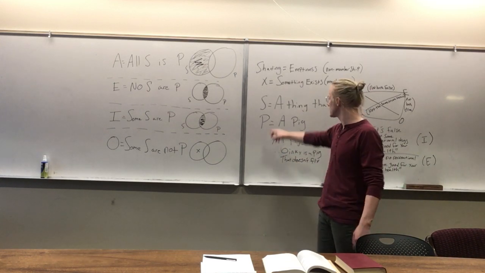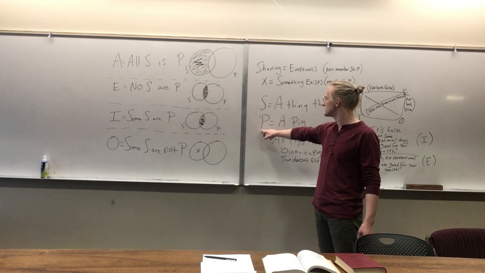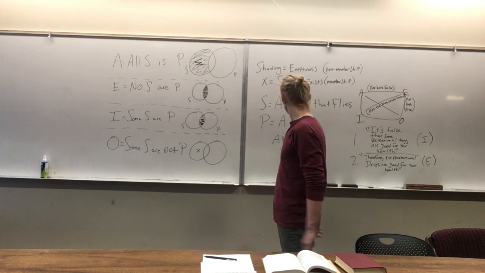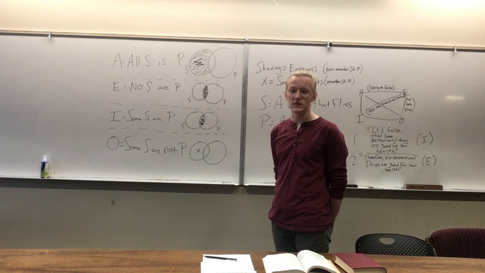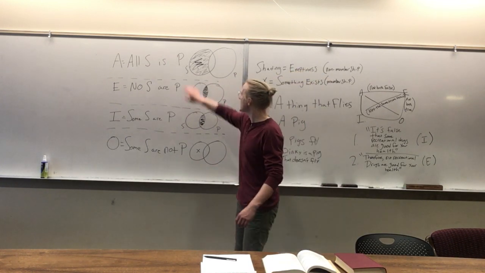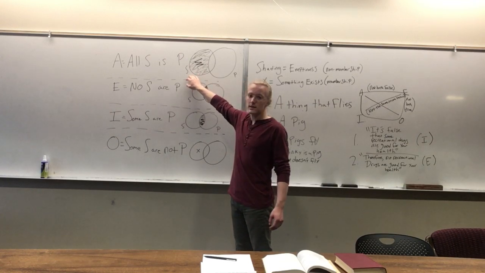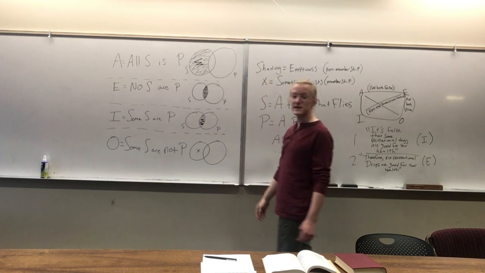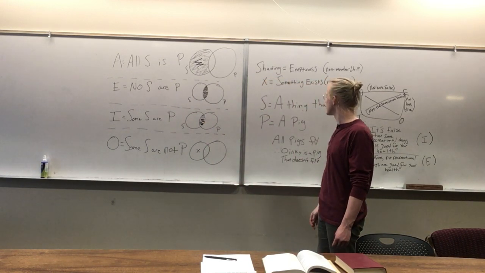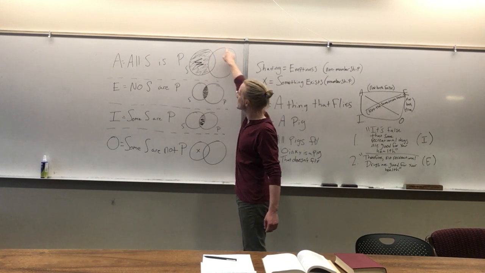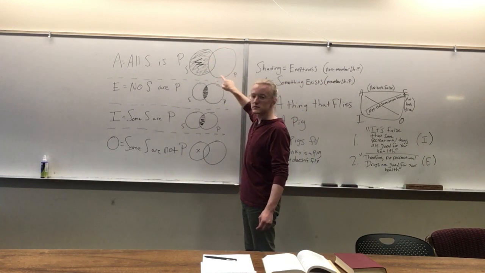These could be anything. It could be S is a swan and P could be is white. But let's use S being a thing that flies and P being a pig as our predicates. So S is the entire world of things that fly. And P, this circle, is the entire world of pigs.